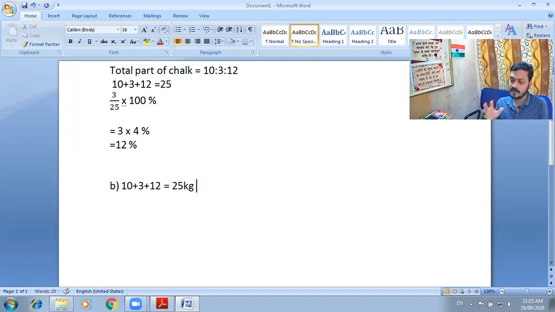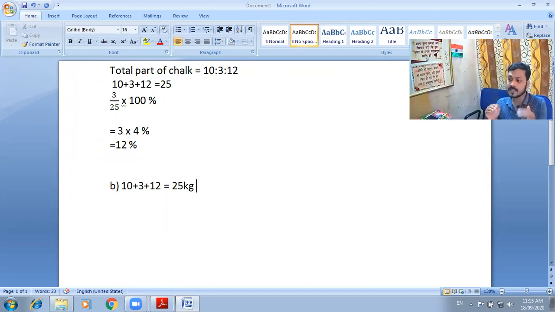Okay, it is very easy. In this question you can find the total amount of carbon, calcium, and oxygen. Their sum is 25. Out of 25, you could find the percentage of calcium, carbon, and oxygen, but our book asks only for the percentage of carbon.